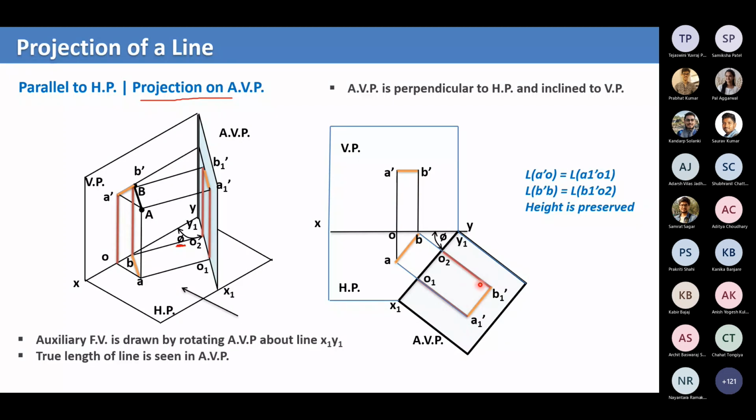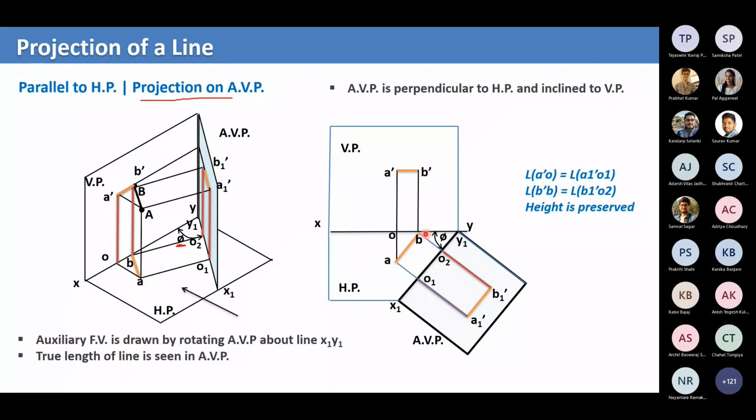What are the measurements of O1 A1 dash and O2 B1 dash? We have already seen; I have said the key points. When you draw an extension from the top view, you have to take the measurement of the front view. So O A dash is O1 A1 dash. It is written here. The same goes for this.